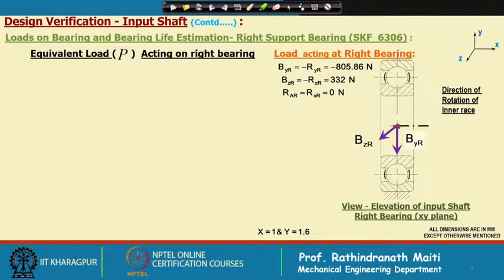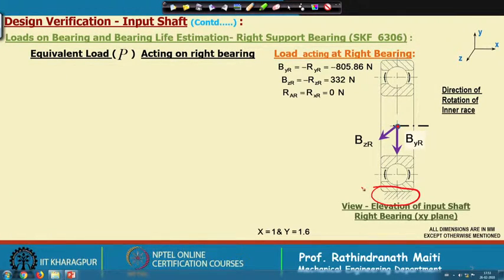Then next comes Y or Z, that means the directions, and then comes R as a subscript, which means it is the right bearing. Now, if we observe this bearing very carefully, what we have shown here, it is fixed.